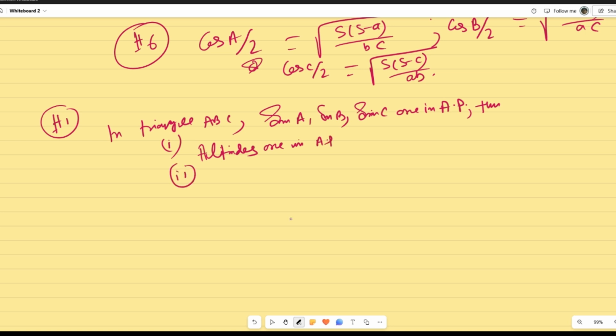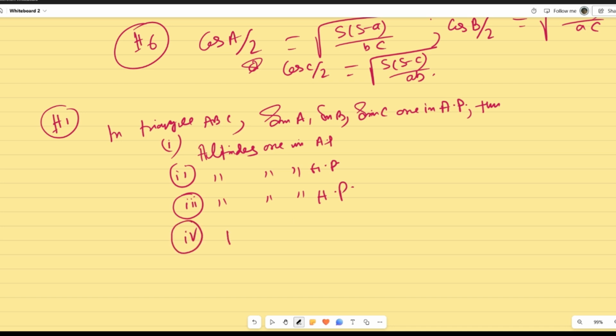Number 2, altitudes are in GP. Number 3, altitudes are in HP, I mean reciprocals are in AP if you are not familiar with it.